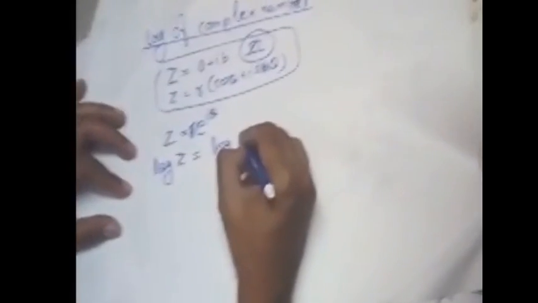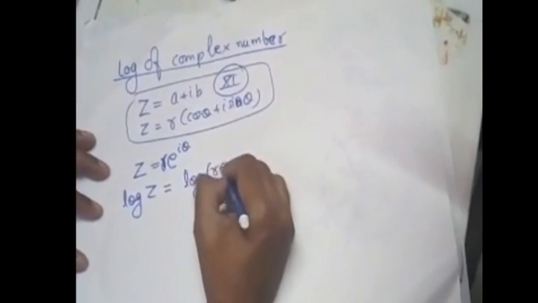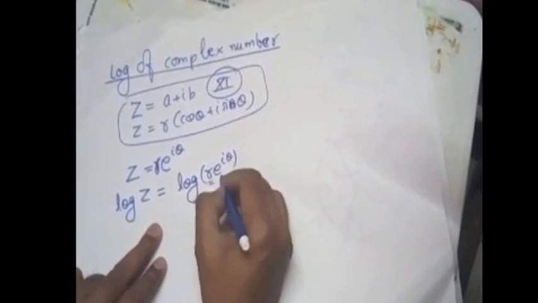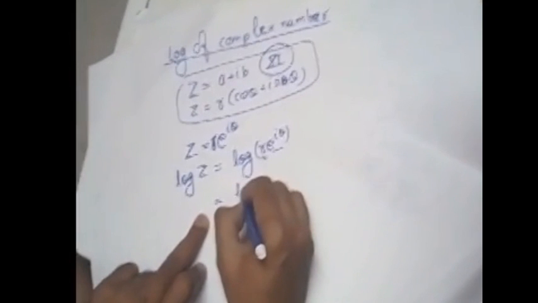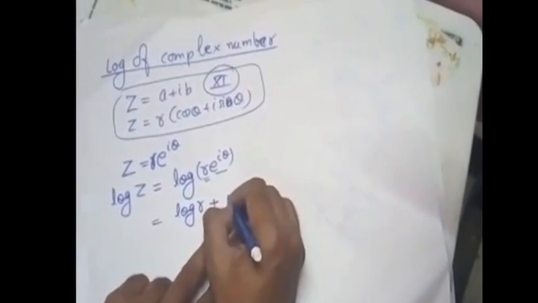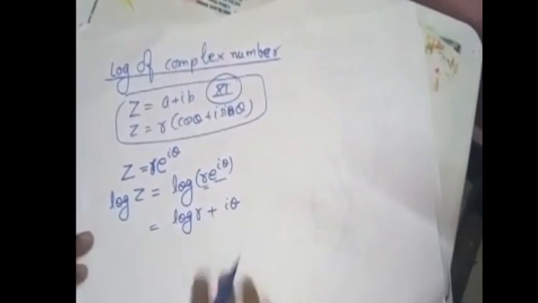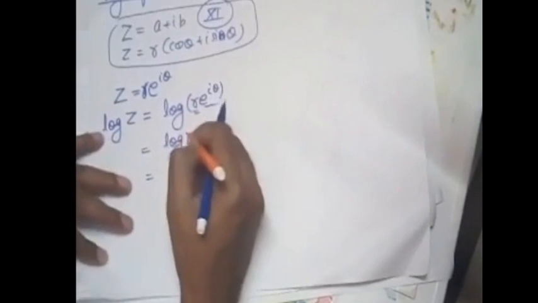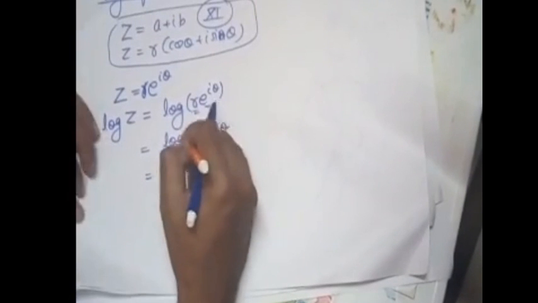So what is the value of log z? Log of z is equal to log of r e power i theta. Use the formula of log: log of r plus, according to the rule of log, i theta. What is r, and what is theta?